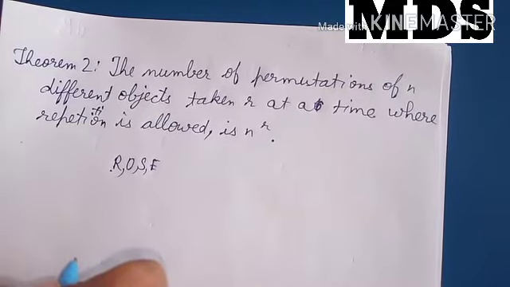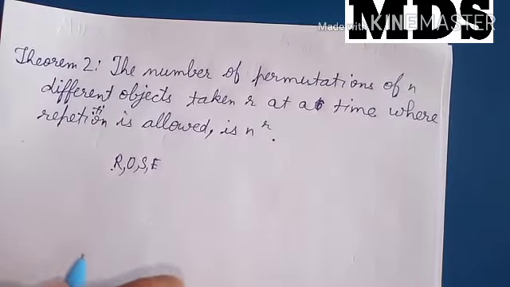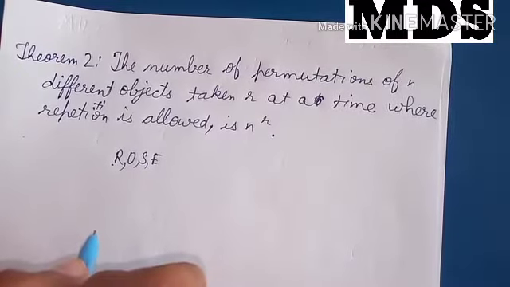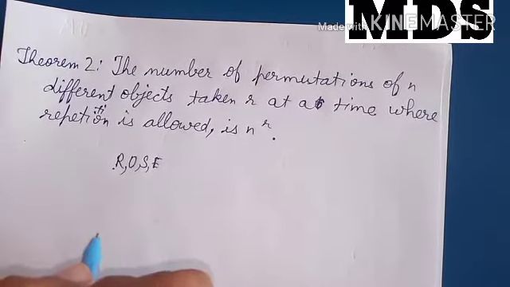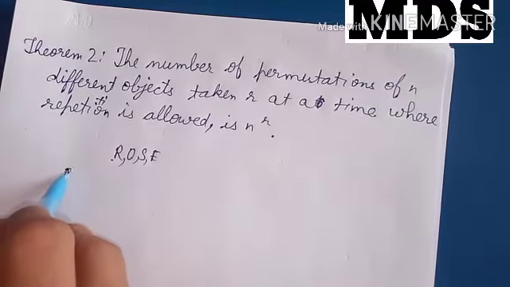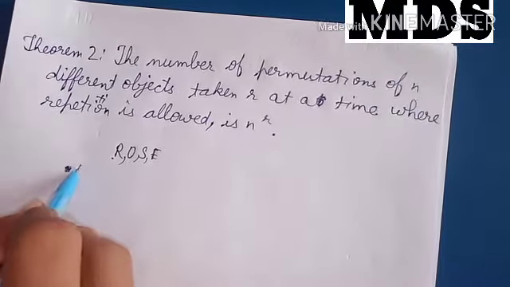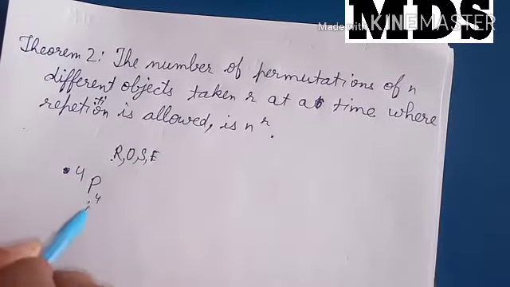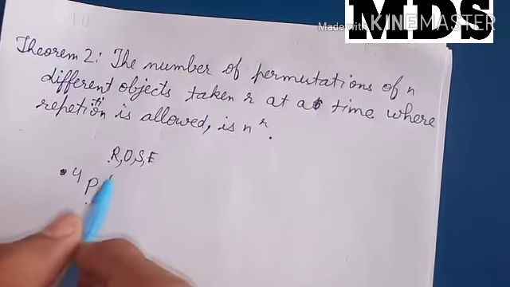Okay, so if we check using the formula that we have derived now, nPr, what is our n here? Here our n is 4, and what is r? r is also 4. We have taken all the 4 objects at the same time.